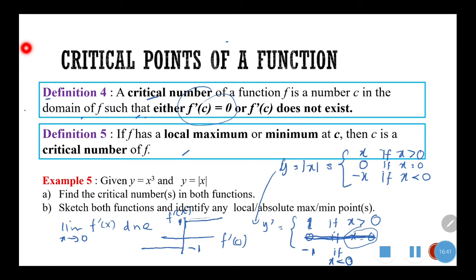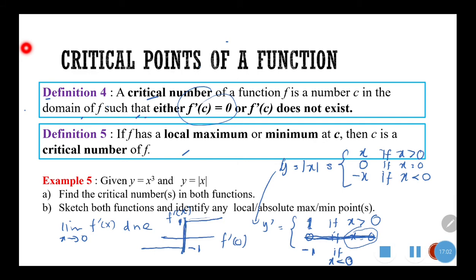Kalau you tak ingat, please look back at my video in chapter 3 part 1, somewhere there we did discuss, where we're saying that for y equals to modulus x, fx is not differentiable at x equals to 0. Ingat tak?